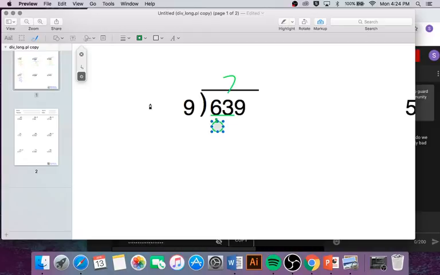So we're going to put our 63 here. And we're going to subtract. 63 minus 63 is 0. And then we're going to bring down our next number, which is 9.